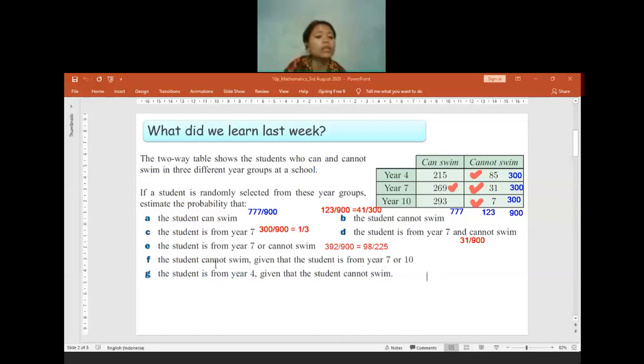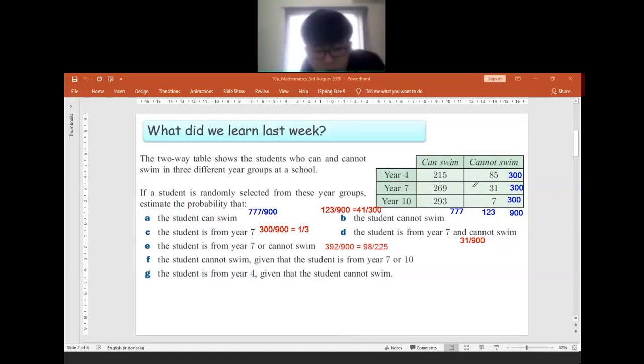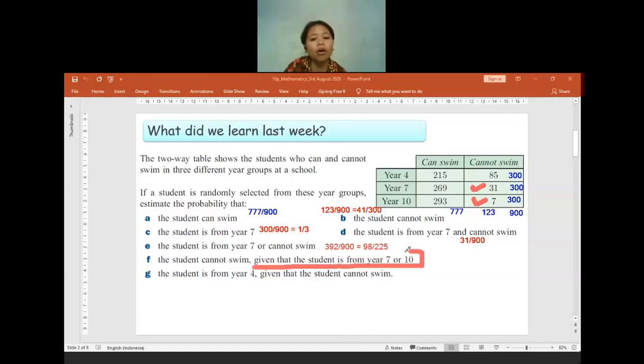The student cannot swim given that the student is from year 7 or year 10. What is the probability? 38 out of 900? That is correct, 38. It says given that the student is from year 7 or year 10, so we only focus on year 7 or year 10.